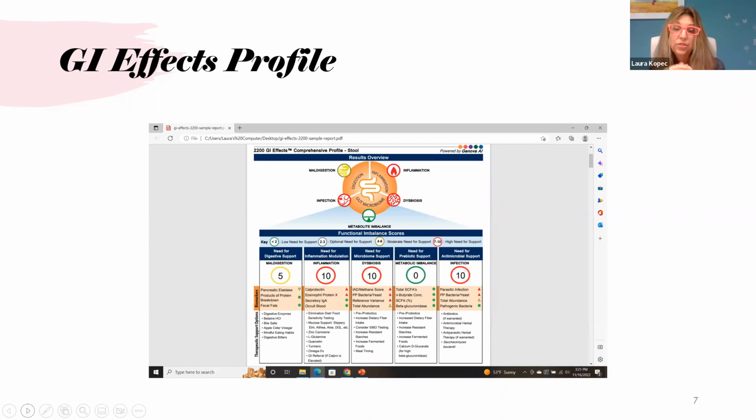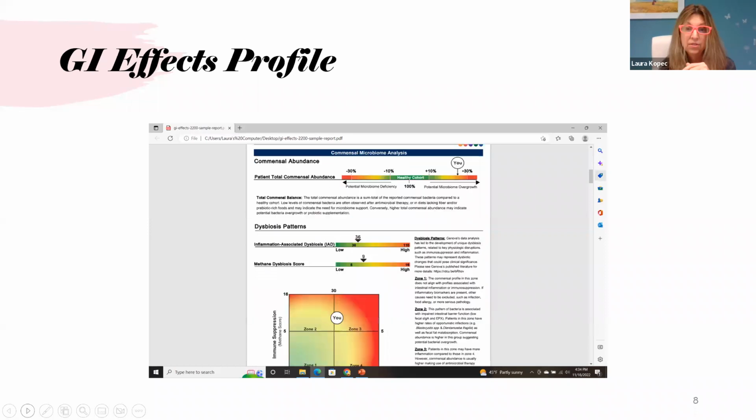That functional testing, we look at the function. So it's looking at categories of maldigestion, infection, inflammation, dysbiosis, which is kind of a fancy word for imbalance, and metabolic imbalances. So within those categories, there's a deeper dive into the issues as well.